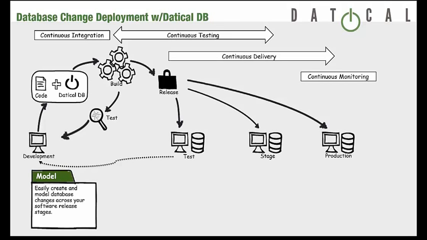So we chose to abstract the SQL at a higher level, at a model level. The reason we do that is multifold. Number one, it's a lot easier to manage in version control, which is a very key component to Agile methodologies. It's easier to branch and merge, and a lot easier than raw SQL.